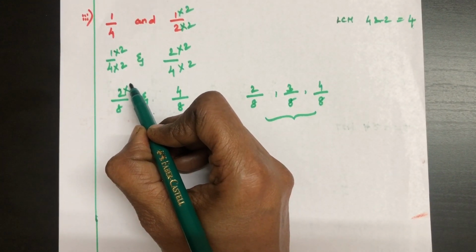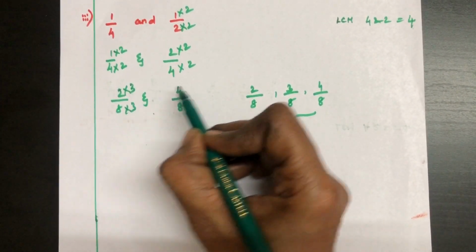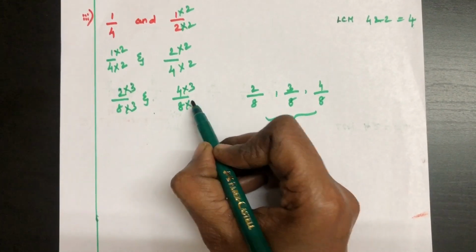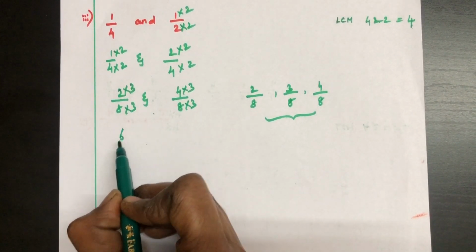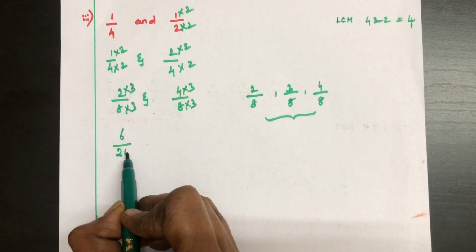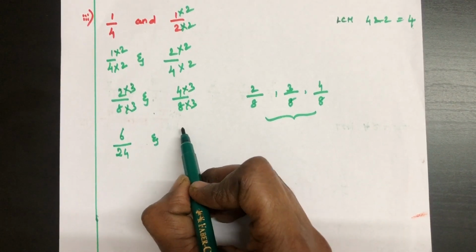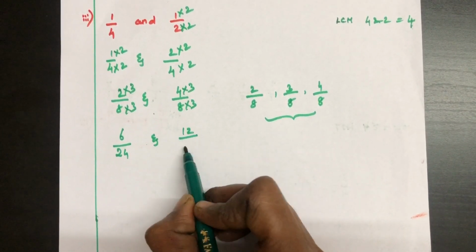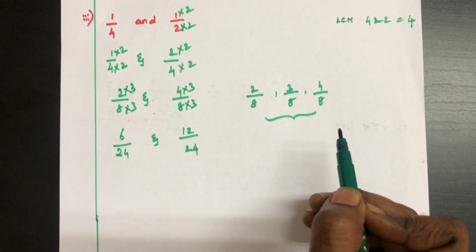Shall we do it with 3 into 3 into 3 into 3 into 3. So this is 6 by 24 and 12 by 24.